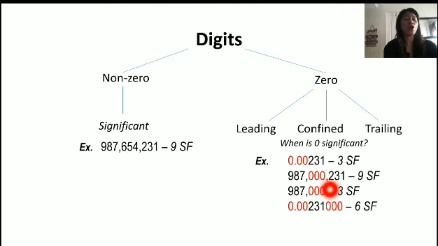Zeros to the right of a non-zero and a decimal point are significant. So in this case, you have the first 3 zeros as not significant, and the next 3 zeros to the right of a decimal and the non-zero that are significant. So this gives us a total of 6 significant figures. So those are the guidelines in determining numbers of significant figures in measurement.